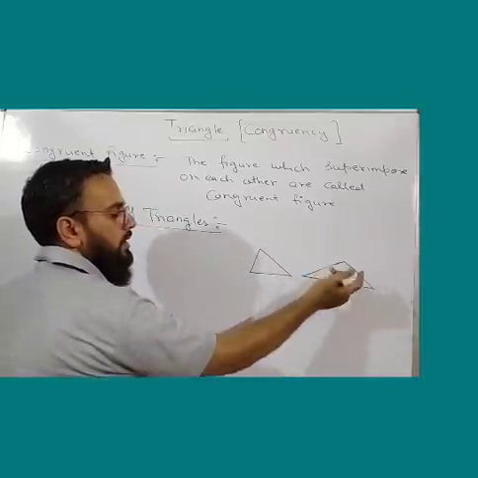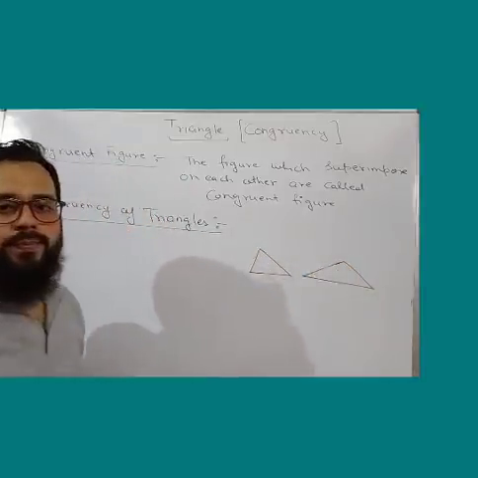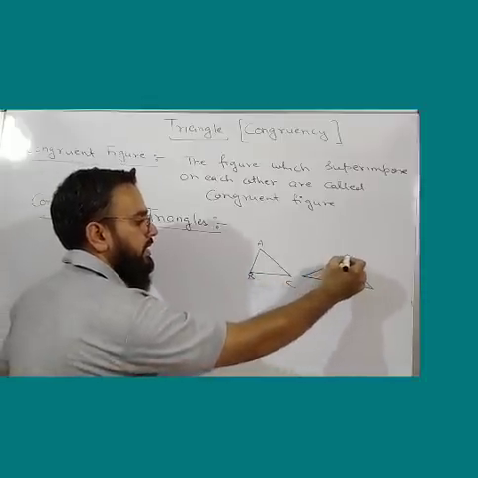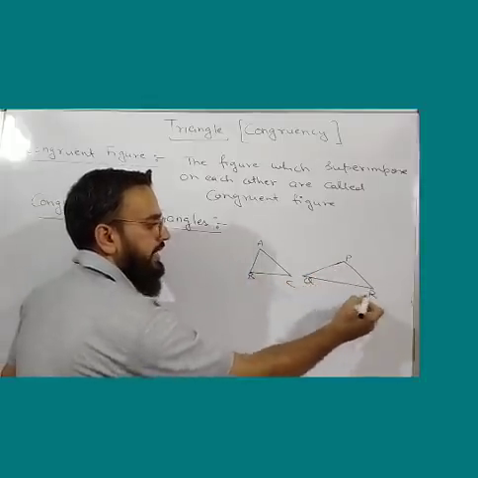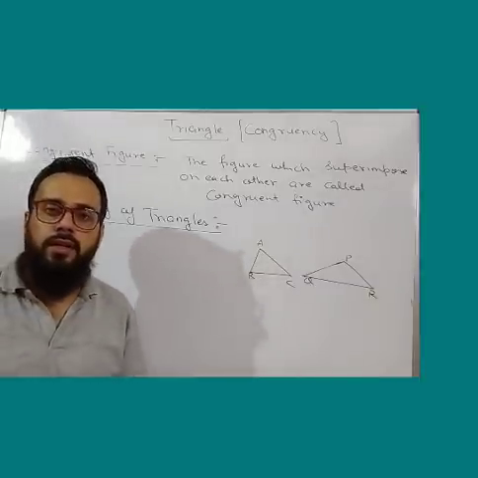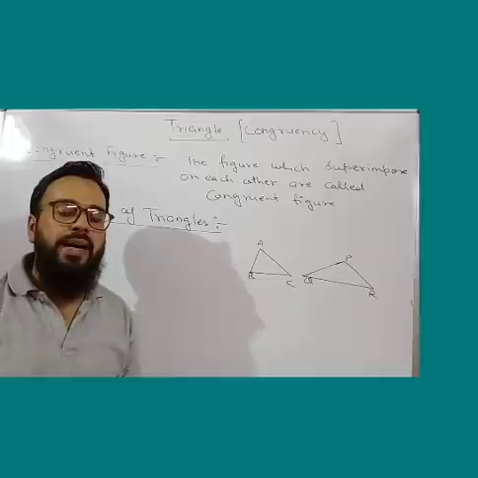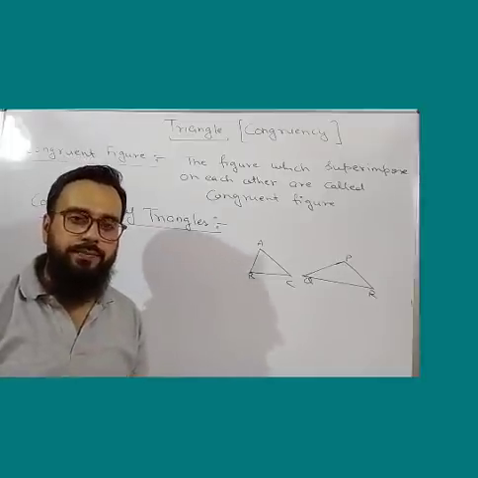Because we cannot take the triangle outside. Either we will be given the lengths of the sides and the measurements of the angles. Then how will you check whether these two triangles are congruent or not? By checking the sides and angles.